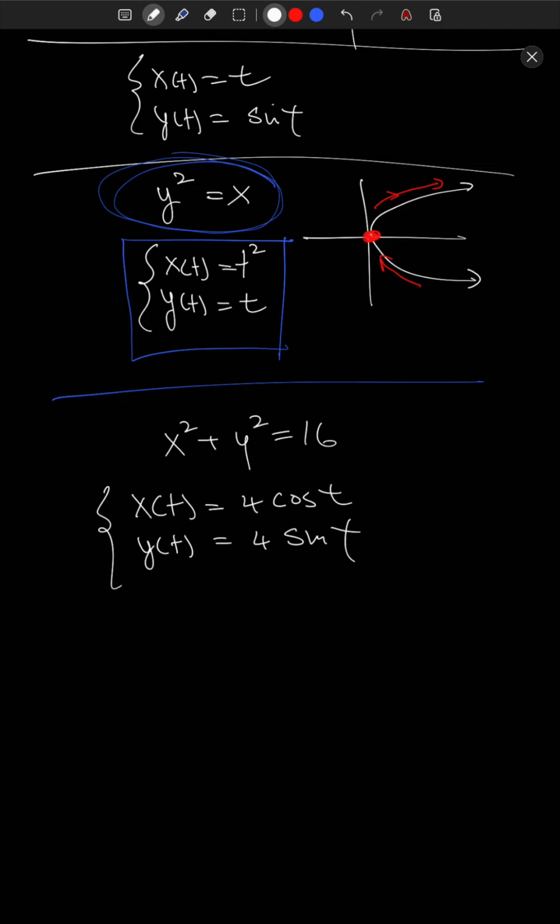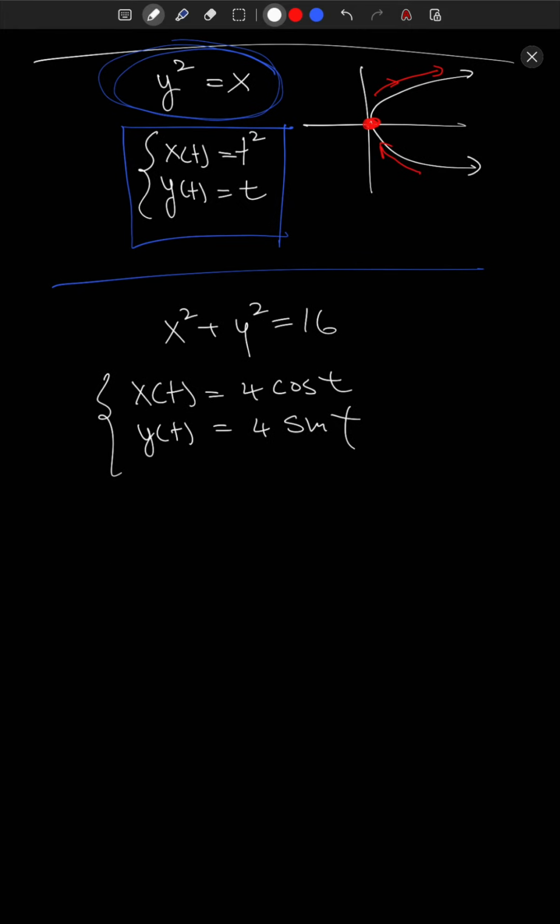But sometimes we only care about a portion of the curve. Let's say we have the additional condition that we don't want to describe the entire circle. We only want to describe the portion of this circle that lives in the second quadrant, right there. How do I express that in the parametric equation?